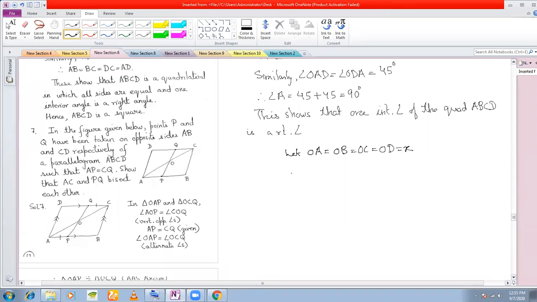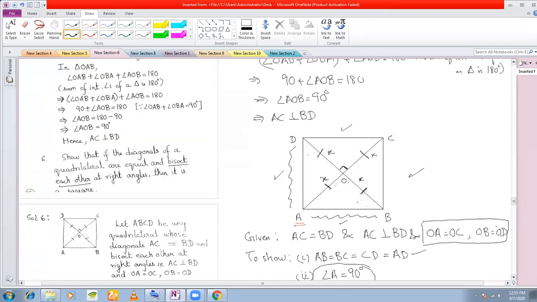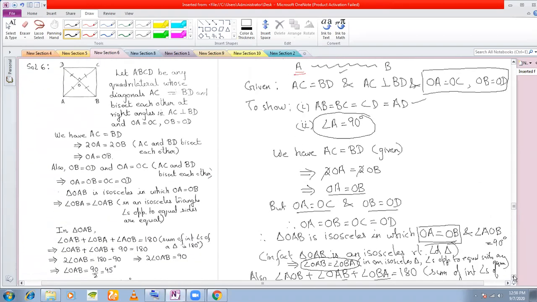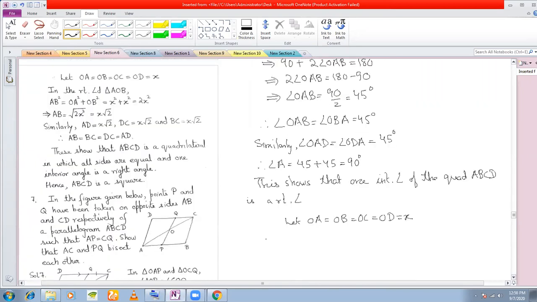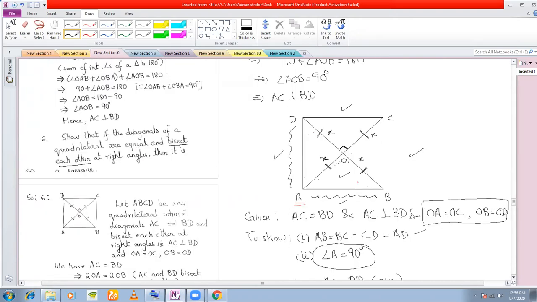Okay. So therefore, we consider this right angle triangle OAB. In the right angle triangle OAB, which one is the 90-degree angle? This angle O is the 90-degree angle, this one. So opposite to this must be the hypotenuse.